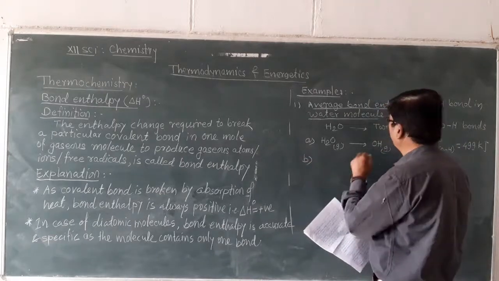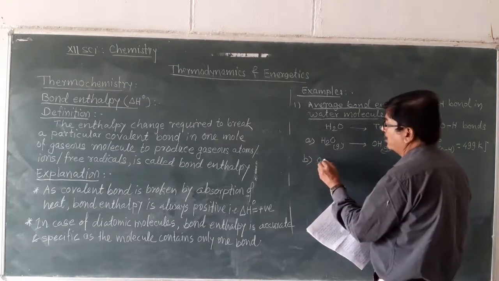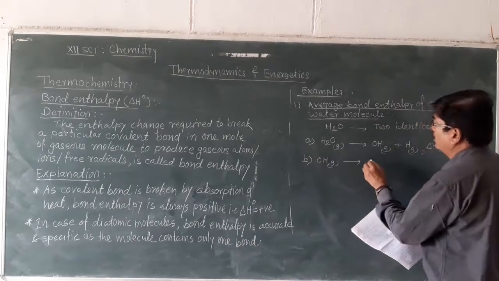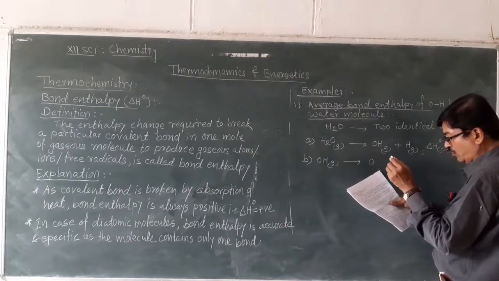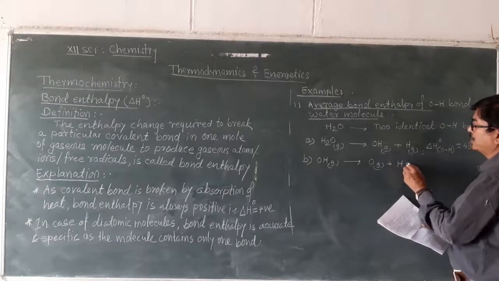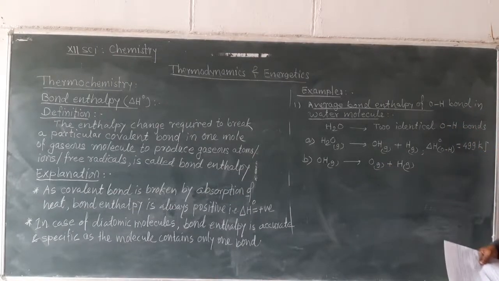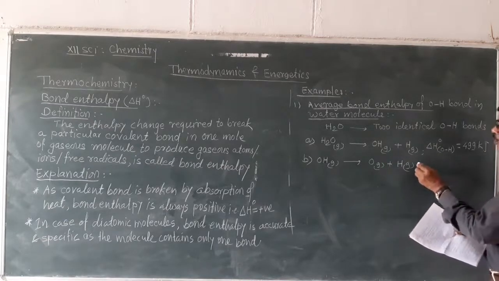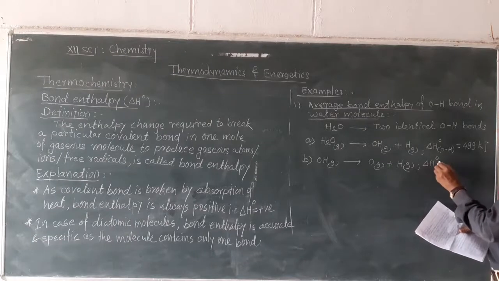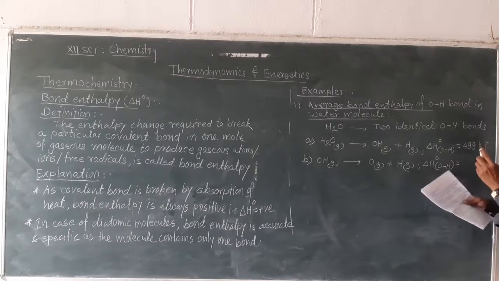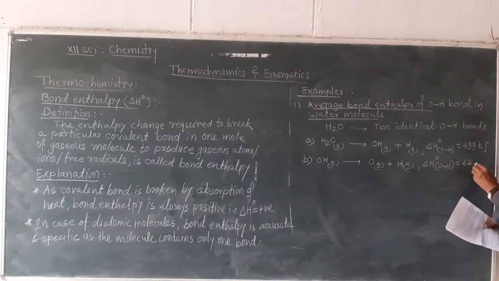If you break the second OH bond, OH gas breaks to give O gas plus H gas. In this way, one by one, both OH bonds in water can be broken, but here bond enthalpy of every bond is different. Bond enthalpy of this second bond is 428 kilojoule.